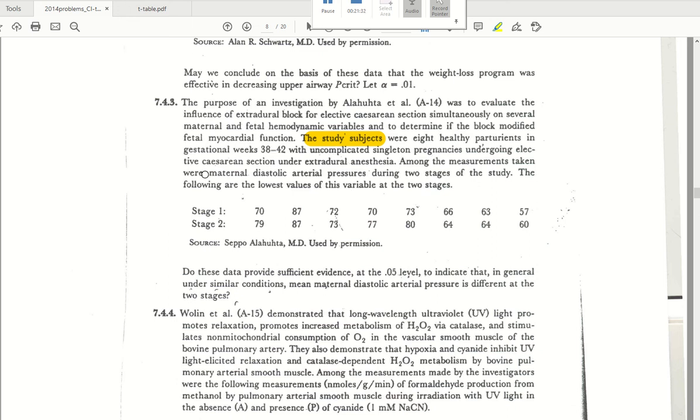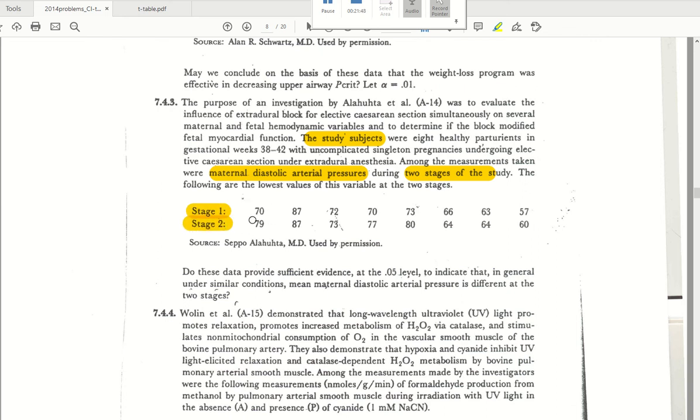Among the measurements taken were maternal diastolic arterial pressure. So this is my outcome, the diastolic blood pressure during 2 stages of the study. The following are the lowest value of the variables in the 2 stages. So you have stage 1 and you have stage 2.